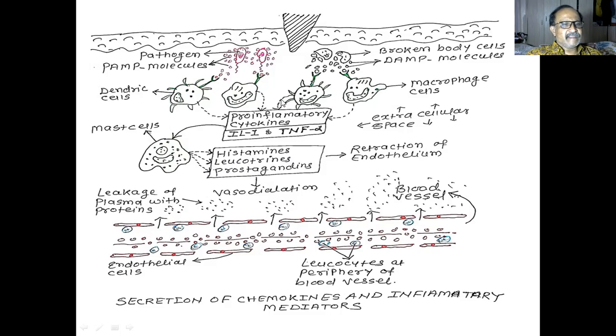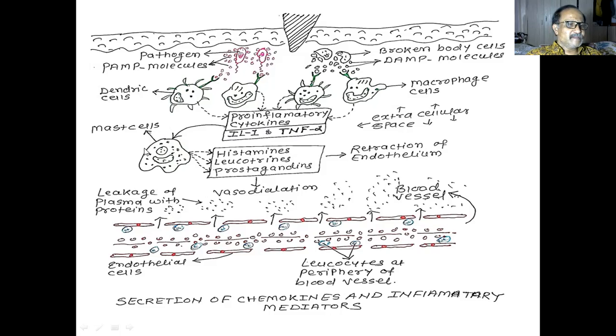See what happened. First, these dendritic cells and macrophage cells recognize the molecules of damaged cells and foreign molecules from the pathogen through their receptors. Then after recognition, the receptors get activated. After activation, both these cells, dendritic cells and macrophage cells, secrete pro-inflammatory cytokines IL-1, interleukin 1, and TNF alpha.